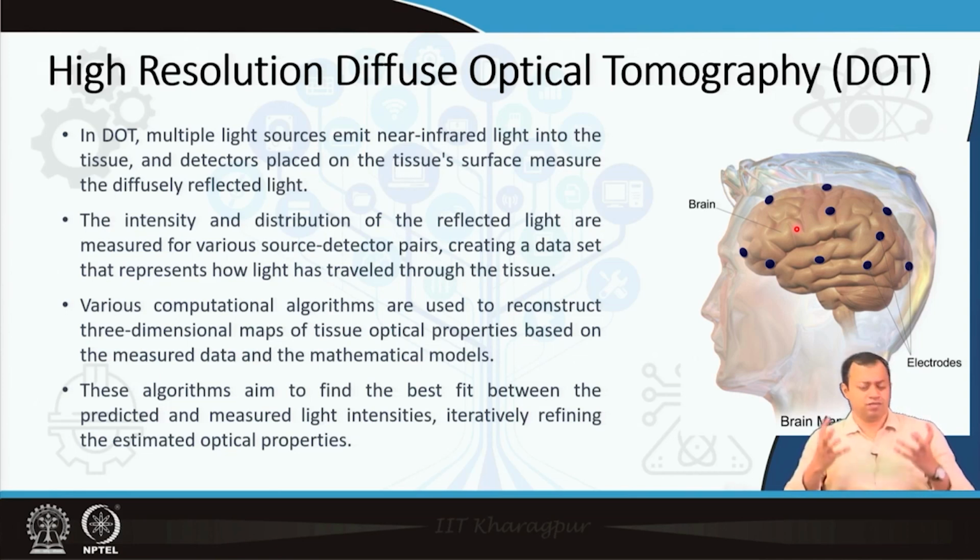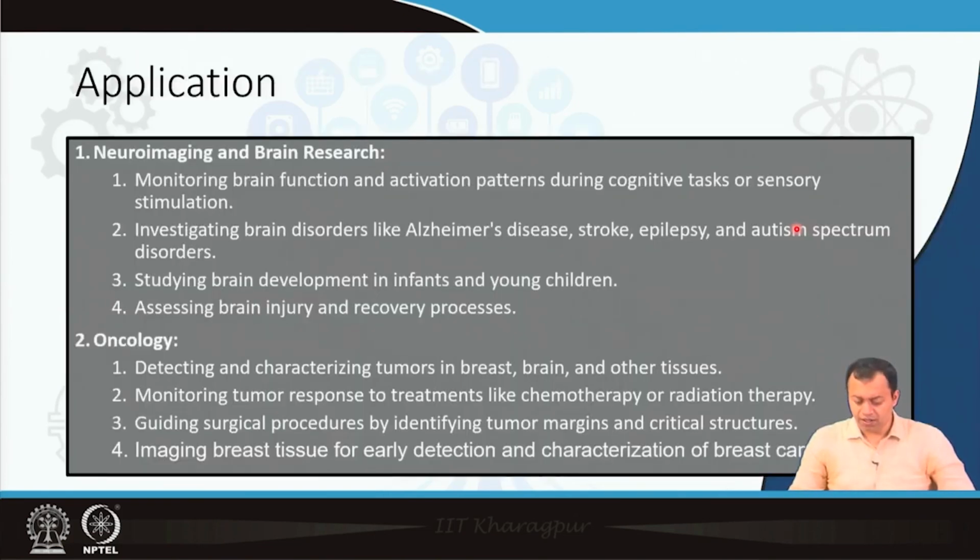So, overall, like any other tomography, different angles, different slices, the output is also coming from different angles. You collect all of them and then you reconstruct the overall brain.